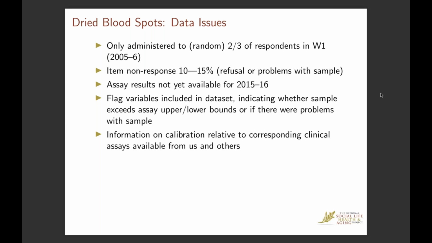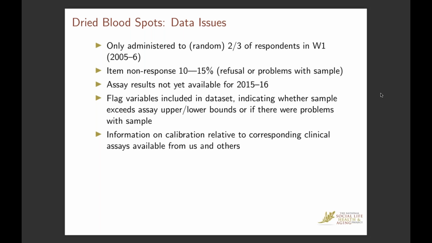In the actual data set, there are flag variables included for each measure that indicate, in some cases, that a sample simply exceeded the upper or lower bound of the assay instead of yielding an actual value. In those cases, there are various ways to handle those. In the case of an analysis, you can use censored regression.